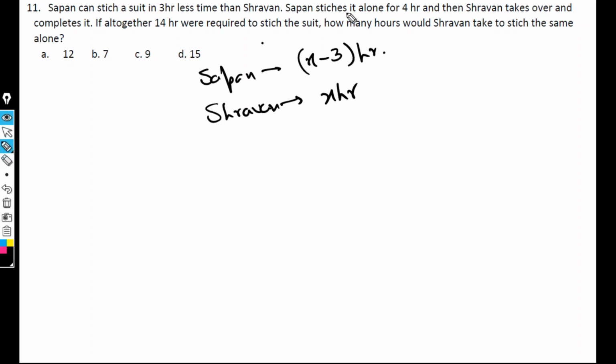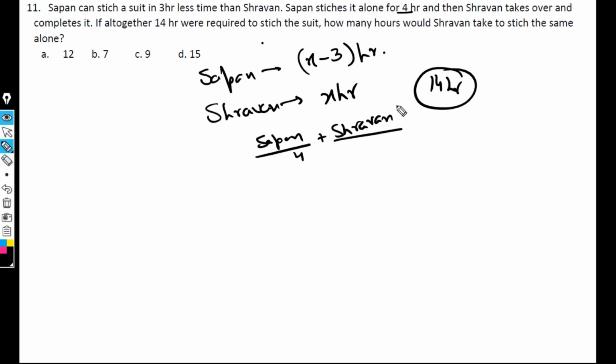He says Sapan stitches it alone for 4 hours and then Shravan takes over and completes it. If altogether 14 hours were required to stitch the suit, how many hours would Shravan take to stitch the same working alone? So we are required to find the value of X.